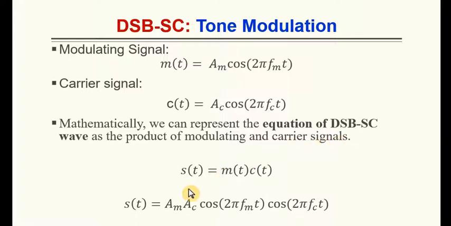So we will go through the same steps, but now we use a sinusoidal signal, which has only one frequency fm, and which is called tone modulation or single tone modulation. So s(t) is equal to the product of the message signal and the carrier signal, and we know that it will give us Am Ac cosine 2 pi fm t multiplied by cosine 2 pi fc t.